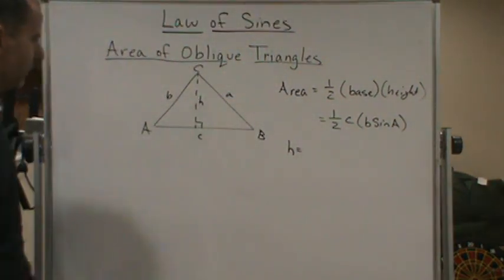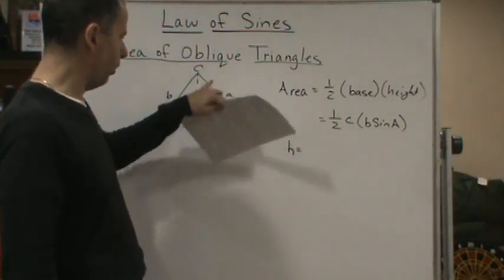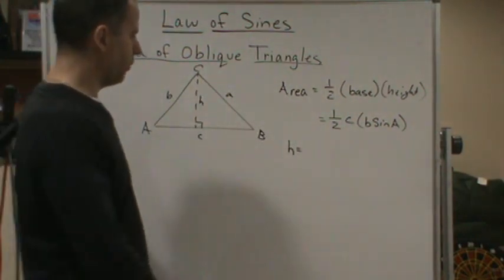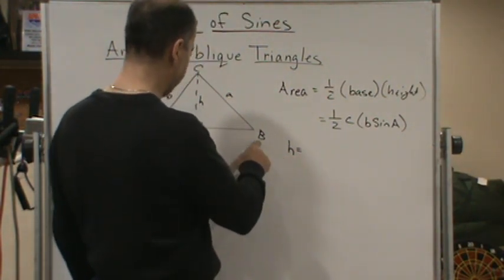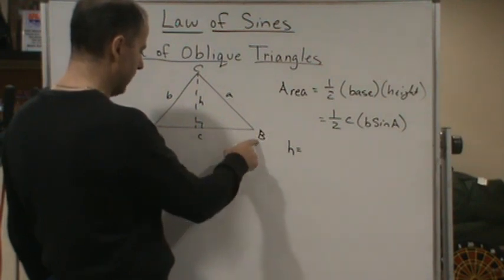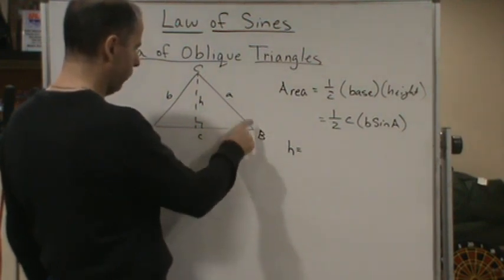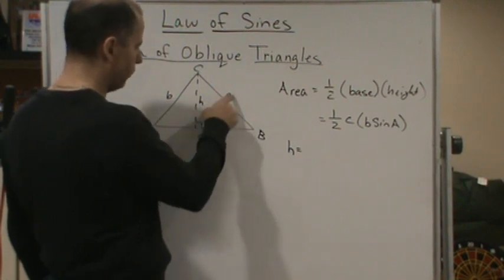And again, we can derive a similar formula depending on which angle we know and which sides we know. If we're talking about B, if we know angle B and we know c, then it'd be sine B equals h over a.